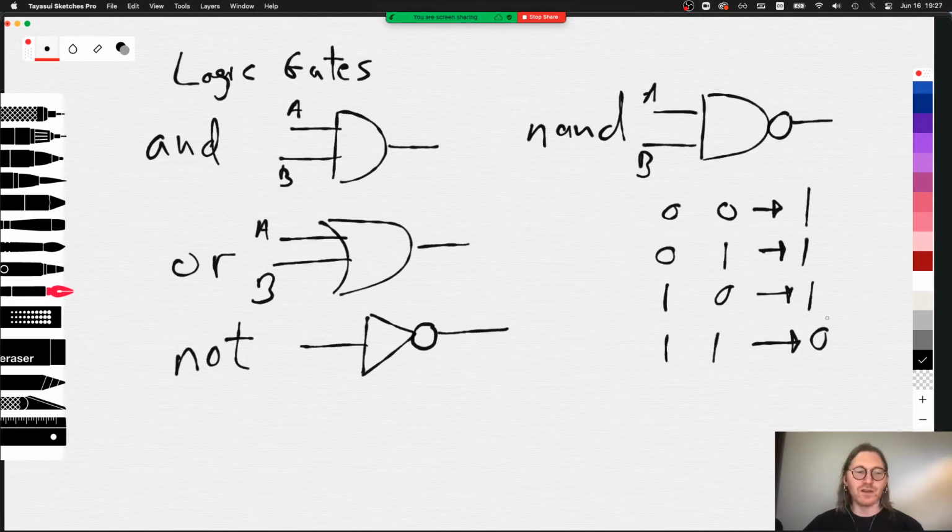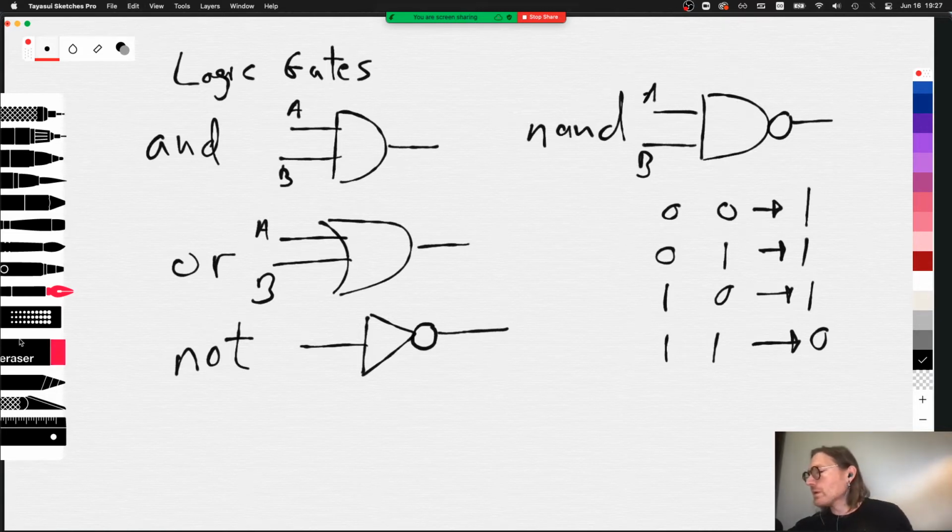Now that seems a lot like an OR gate. Seems very, very similar. However, notice that if it was an OR gate, then this 0, 0 would have evaluated to 0. So we've kind of turned this on its head a bit.